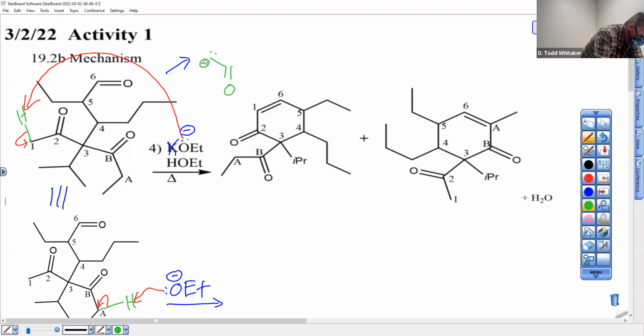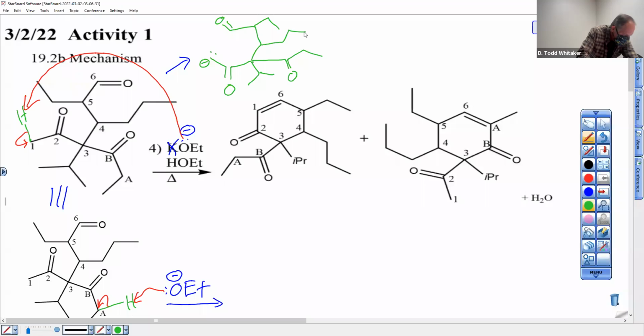Anion here, 2. 3 has an isopropyl. Goes to B, which is a carbonyl, goes to A methyl. And 3 also goes to 4, 5, 6. Off of 5 is an ethyl, off of 4 is a propyl. There you go.